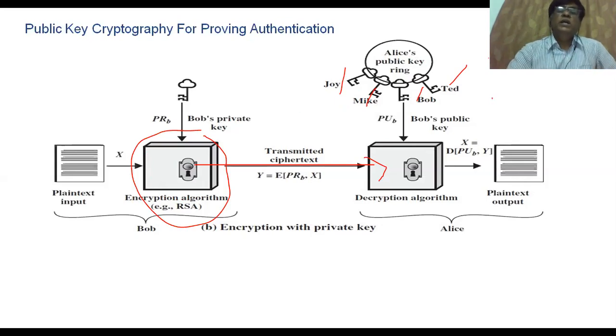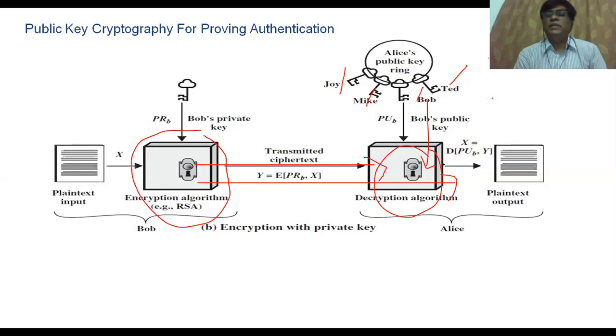Now suppose Alice receives a ciphertext, and that ciphertext is decrypted using Bob's public key only. That means that data is sent by Bob only. Alice knows that data is sent by Bob only, because that ciphertext is decrypted using only Bob's public key.